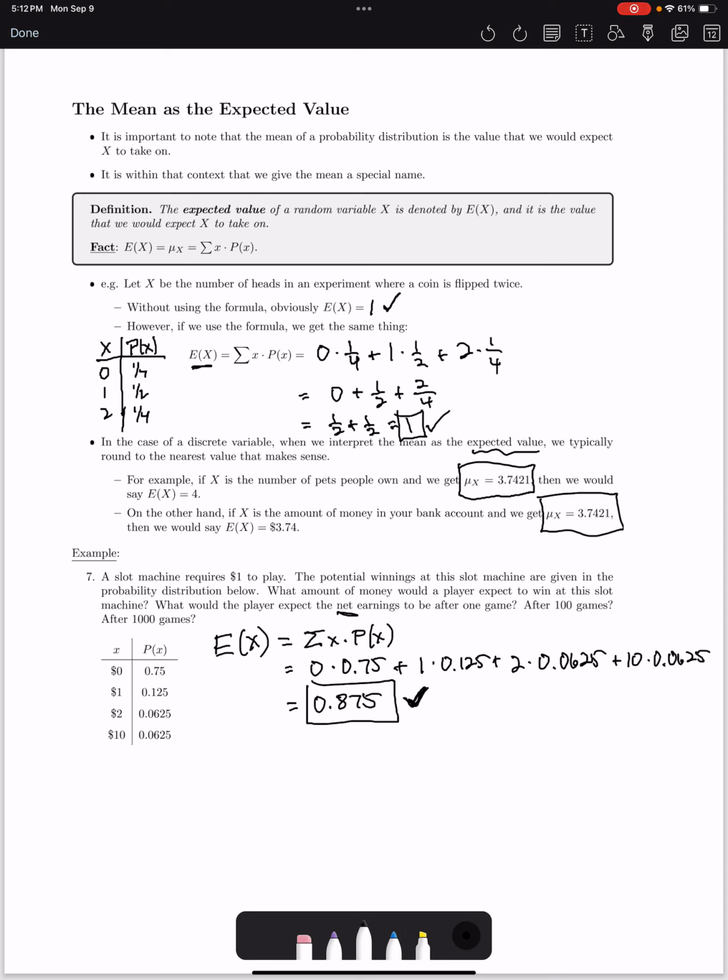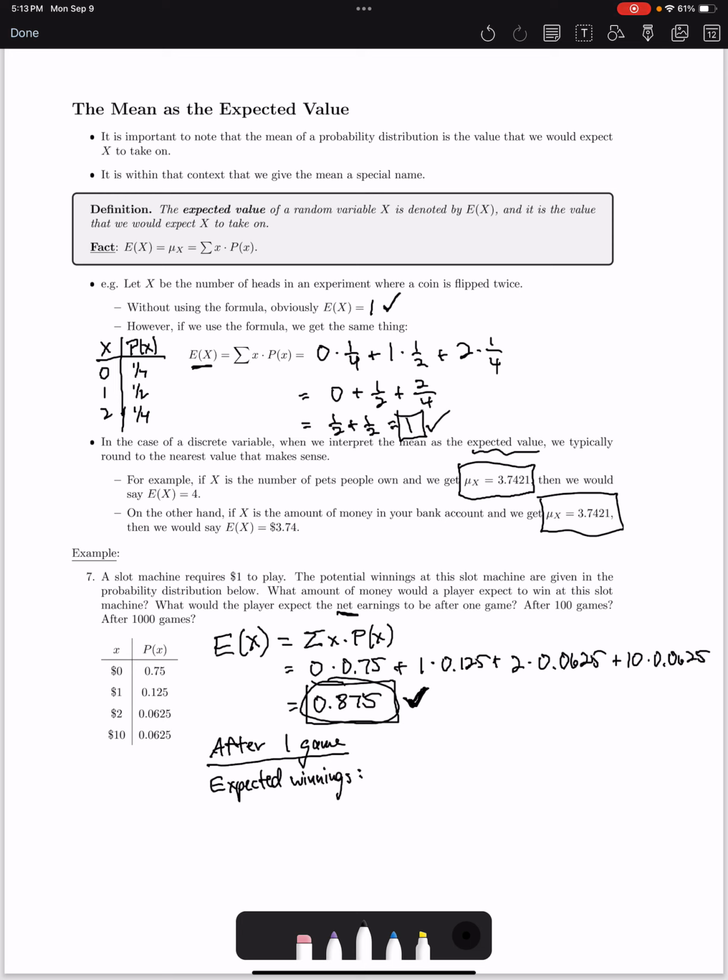Well, after 1 game, the expected winnings, so let's see. So after 1 game, the expected winnings, well, if we round this to the nearest whole number, the expected winnings are $1.